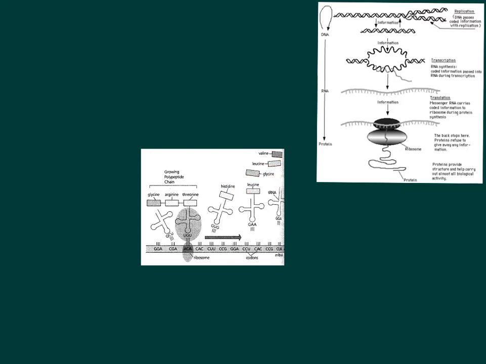So leucine is picked up by a tRNA that carries leucine, and you'll see which ones those are in a minute. And only those tRNAs that are dedicated to leucine are actually going to pick up leucine. Histidine is picked up by GUG, or any other tRNA that carries only histidine.